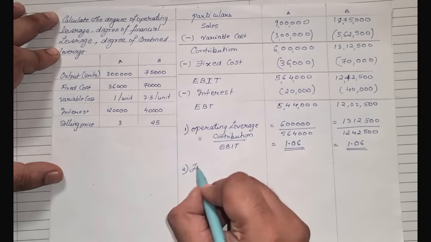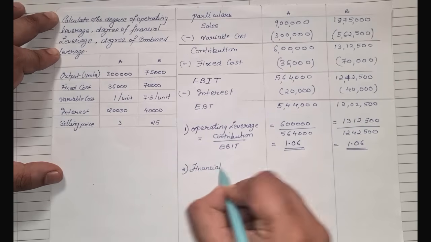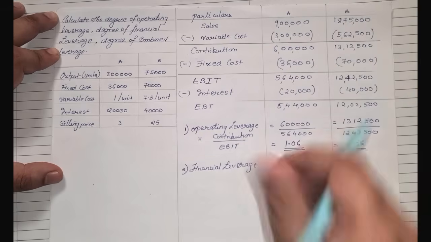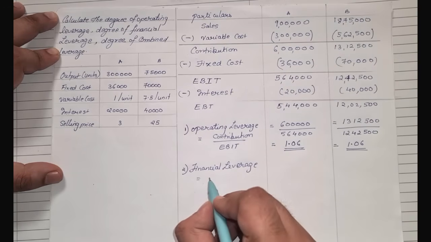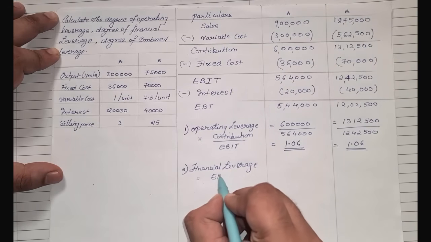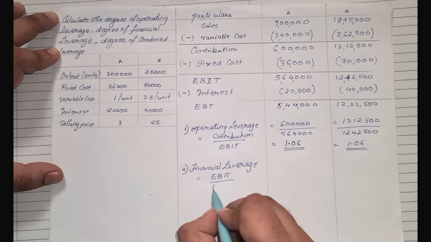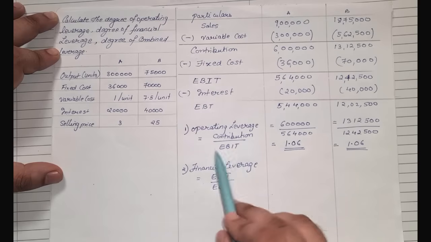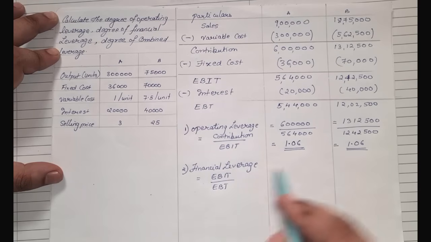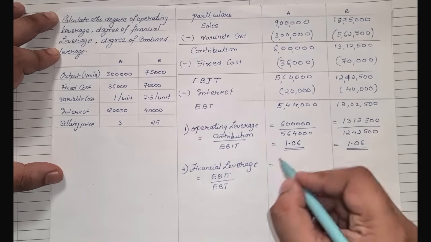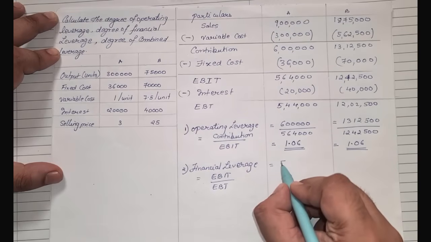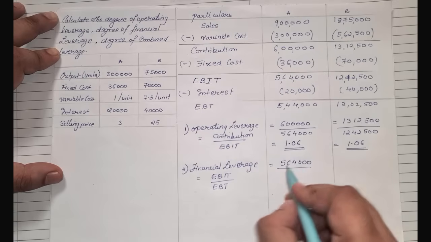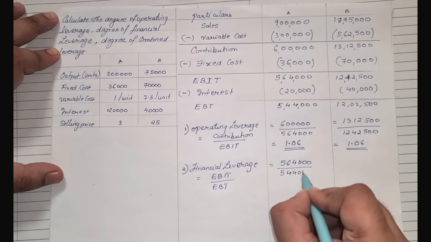Second is financial leverage. Once our income statement is ready, it is just copy pasting, you're just substituting the values as per the formula. The formula for financial leverage is EBIT upon EBT. Remember, wherever your operating leverage stops, from that value your financial leverage will start. For company A, EBIT was 5,64,000 and EBT was 5,44,000.